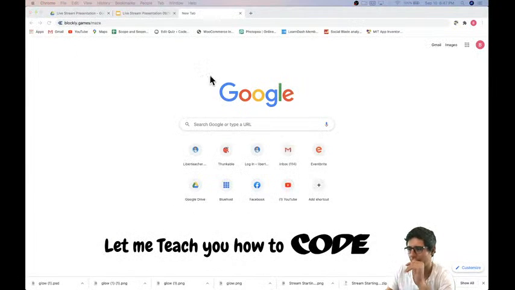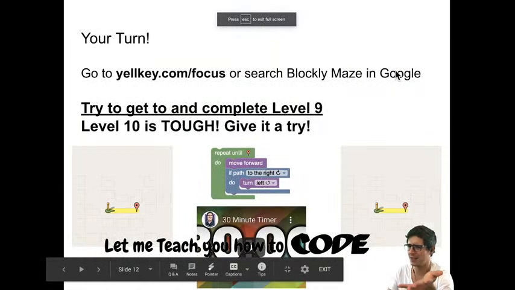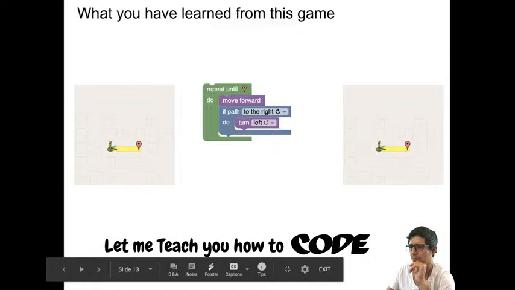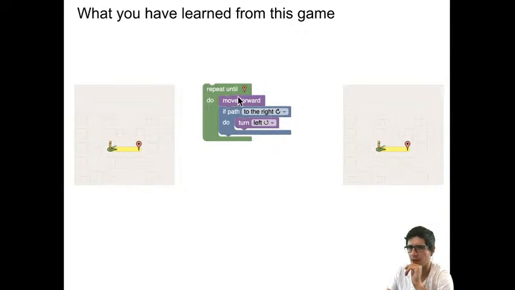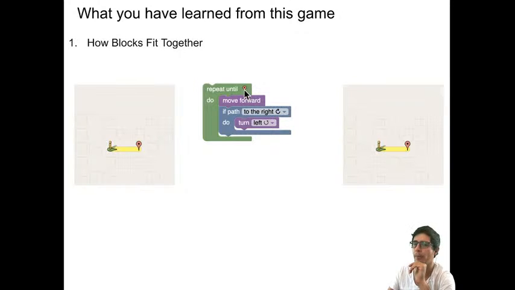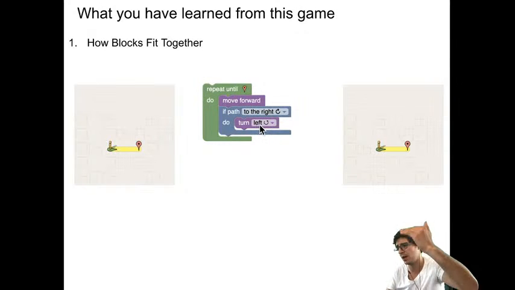So, as some of you might be wondering, why are we playing this game? What's the point? Well, it's a couple things. One big thing here is you're learning about how blocks fit together because we're going to be using a block language. Thunkable is a block language, so you kind of need to understand how these blocks fit together. Furthermore, you have to understand that these blocks work in order from top to bottom.